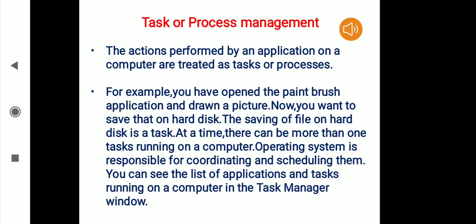At a time, there can be more than one task running on a computer, and the operating system is responsible for coordinating and scheduling them. You can see the list of applications and tasks running on a computer in the Task Manager window. In the next slide, I will show you how the Task Manager looks graphically.